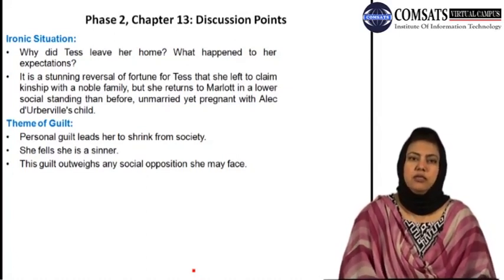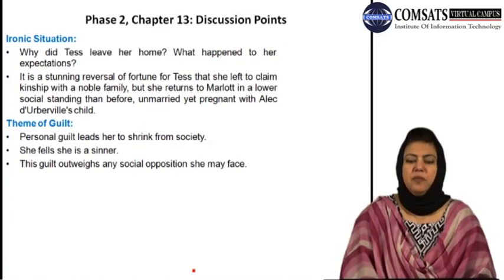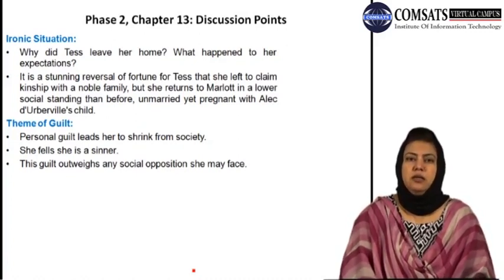In phase one, we noticed that she left her home to bring some kind of financial stability to the family, to provide some support to the family, and to compensate for the death of Prince that she thought she was to be blamed for. Ironically, what happened to these expectations of being of some use and of some help to the family? Ironically, all this proved to be wrong.